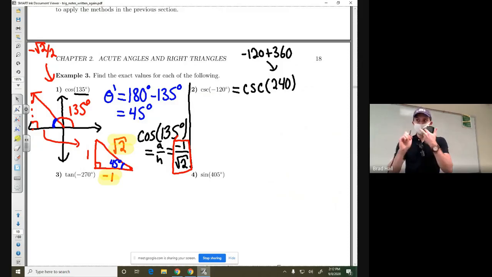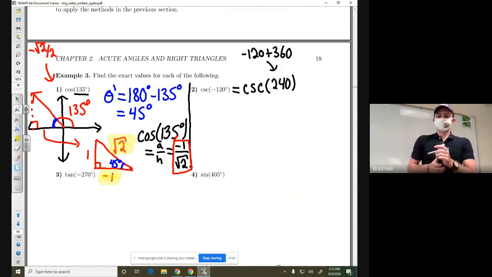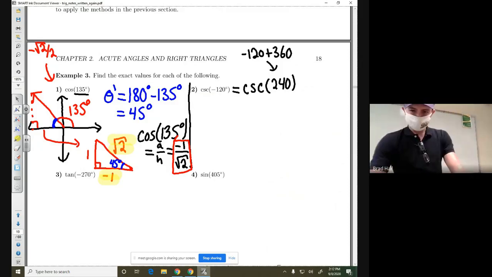I can now confidently put an equal sign and not an approximation sign because the trig functions are equal. The angles themselves are not equal, but the trig functions will be equal. That's why I'm putting an equal sign instead of an approximation symbol. But now that we have that, let's do what we did before.